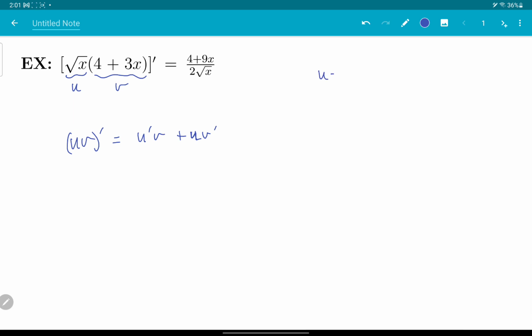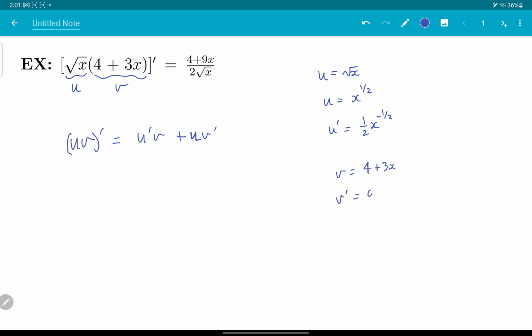Now u is equal to root x, so I can write that as a fractional exponent, u is x to the half. So u prime will be 1/2 x to the negative a half. V is 4 plus 3x.